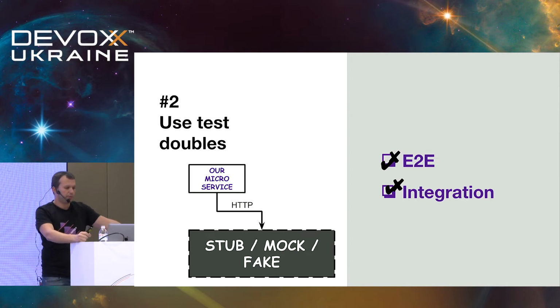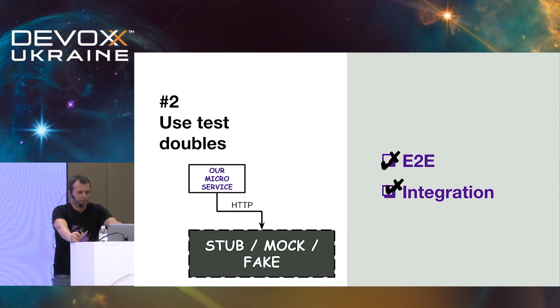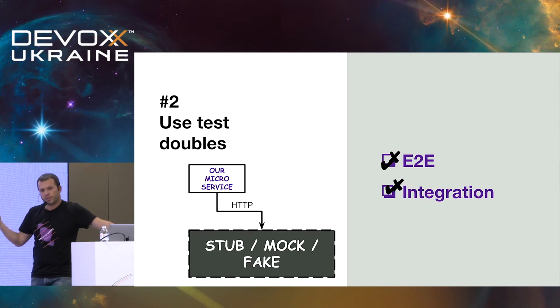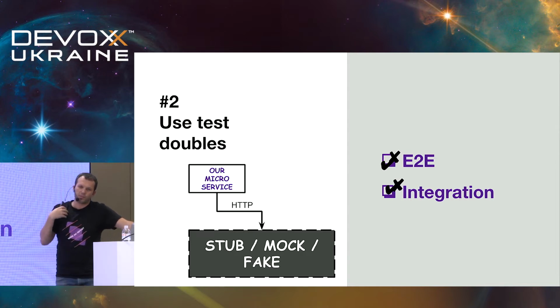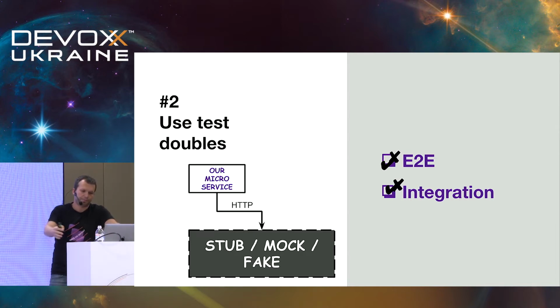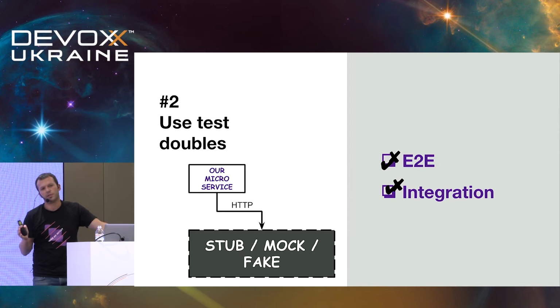Another problem with this is that there is no real CI, continuous integration, because if the service provider changes something, as the service consumer, we are not aware of this. So also this, but the main disadvantage of this approach is we can't trust this fake.